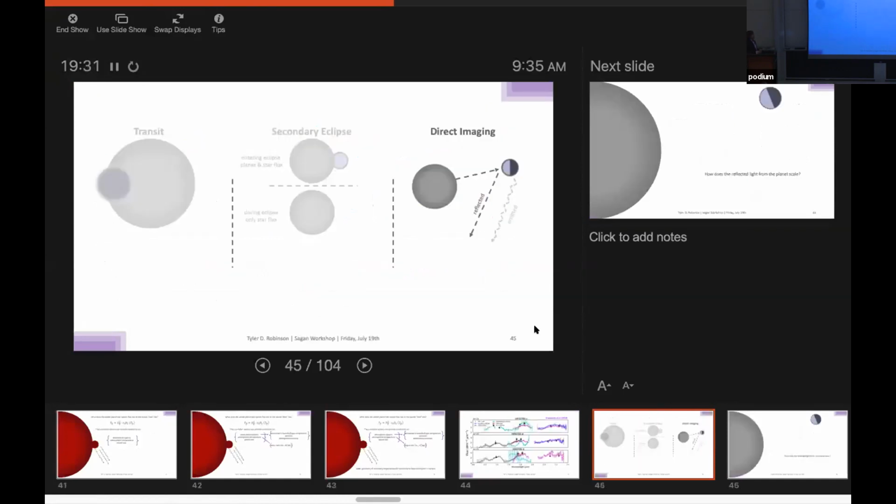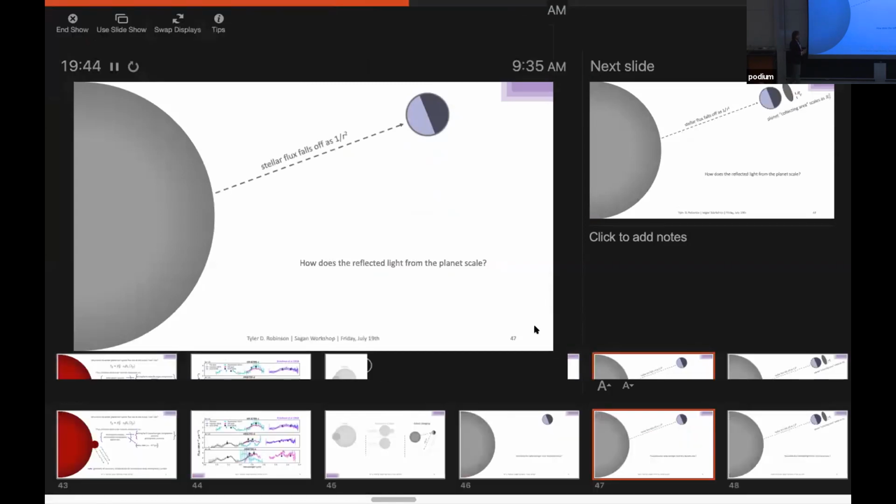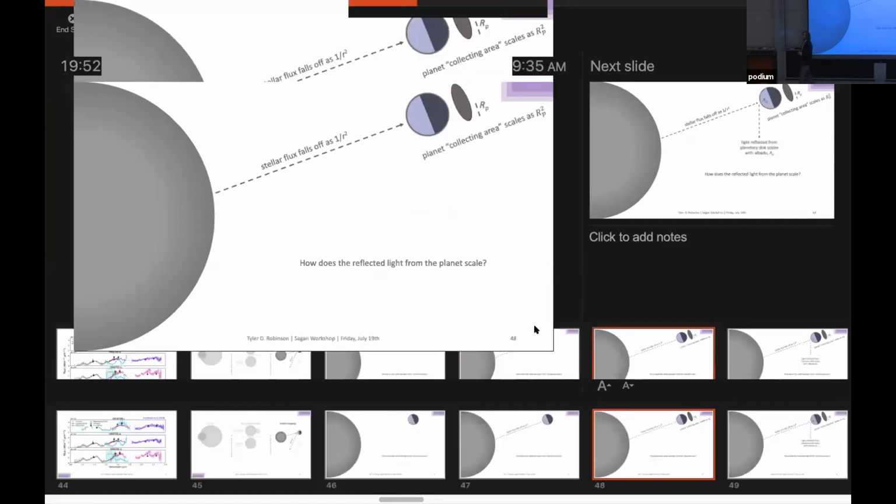Okay, direct imaging in reflected light. Let's think about how the reflected light signature from this planet is going to scale. The first thing to remember is that we are looking at stellar light reflected off of this disk, and that stellar light is falling off as 1 over the orbital distance squared from the host star. The planet then presents a disk whose area scales as the planetary radius squared for collecting that light.